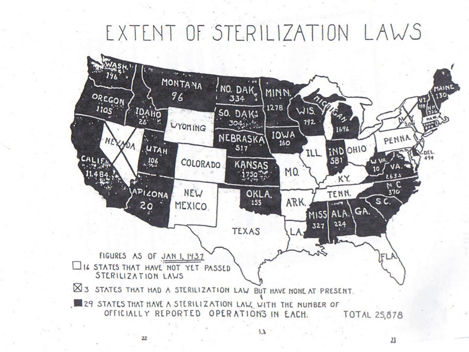So we have 29 states with sterilization laws, with the number of officially reported operations in each. So California sterilized over 11,000 people. Most of these were without the consent of the people who were sterilized. And most of the people who were sterilized were women.